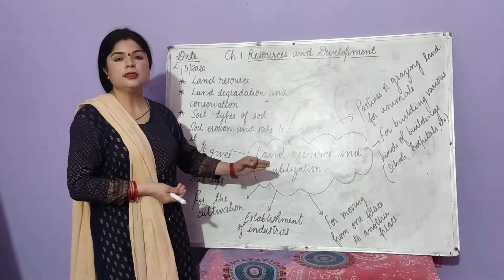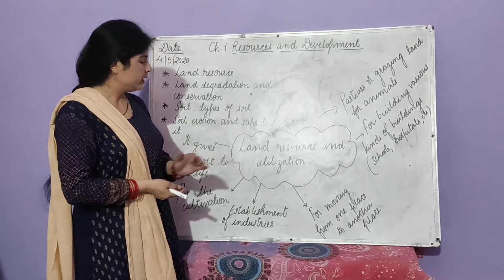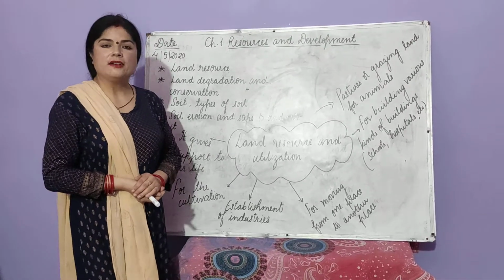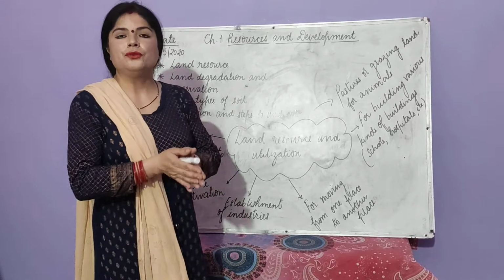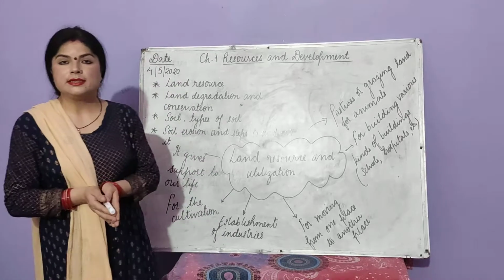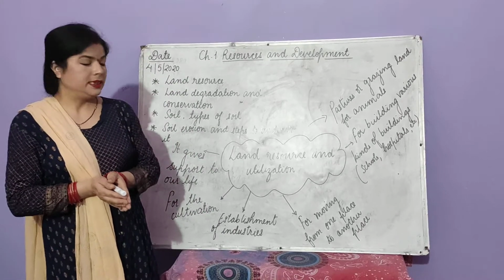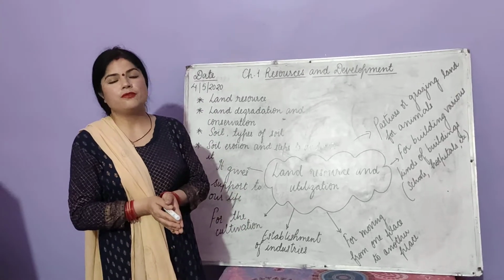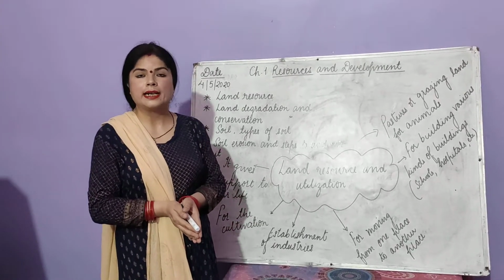Now students, here I want to add a few more things which are important to know. We have so many pieces of land where cultivation work has not been going on for several years. If it's uncultivated for more than 5 years, this type of land is called cultivable waste land.